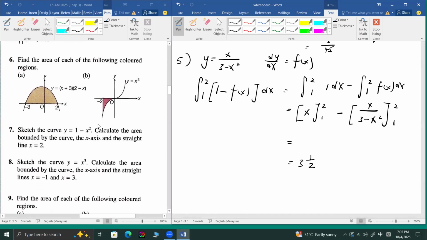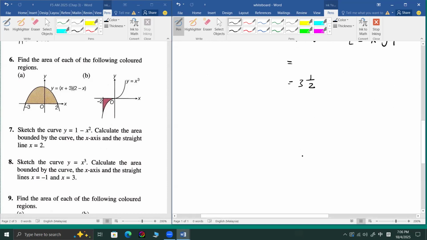Okay, my class. We continue. Question 6 is to find the area by using integration, yeah? Find the area. So to do these questions, class, area under the curve, yeah?